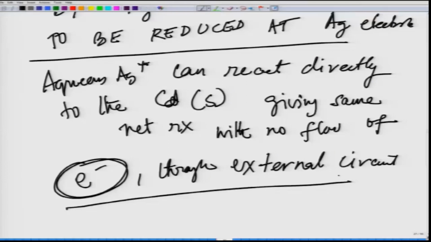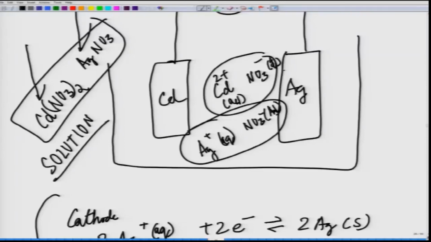This is a classic situation where, if you think of it, this Ag+ which is coming out from here can directly react on the cadmium surface, and that is exactly what I was trying to highlight here.